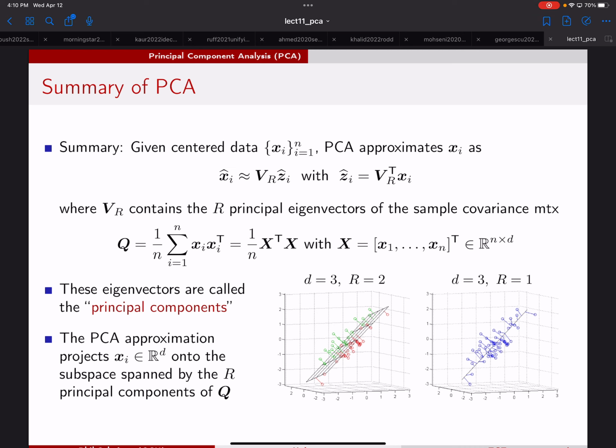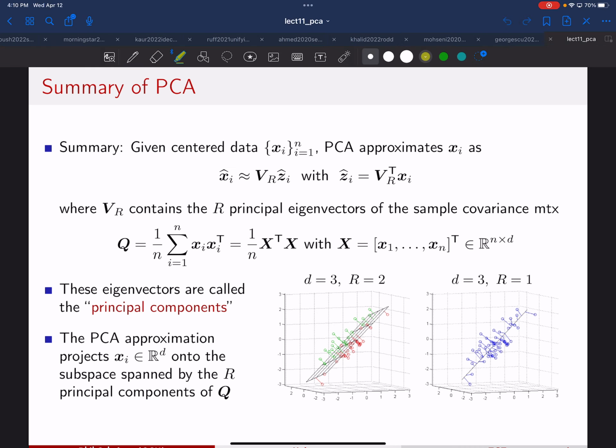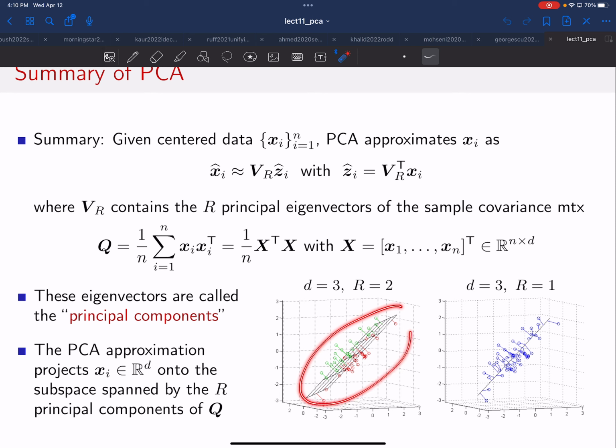So last time we learned what PCA was, and essentially it goes like this. We have a data set, maybe points like this, and this data set is in 3 dimensions, and we would like to find some two-dimensional approximation of this data set. So a set of feature vectors that are two-dimensional that somehow best match or best fit the original data set.